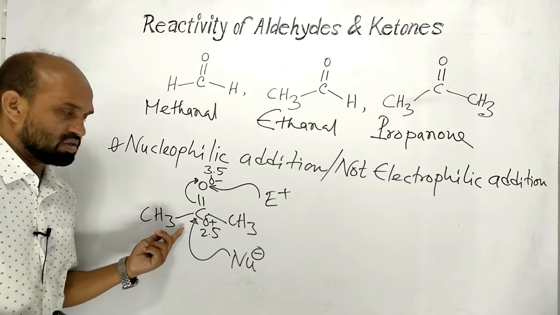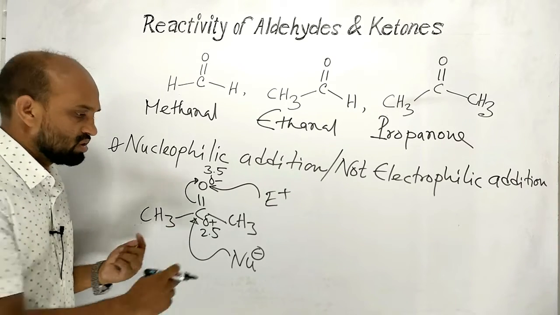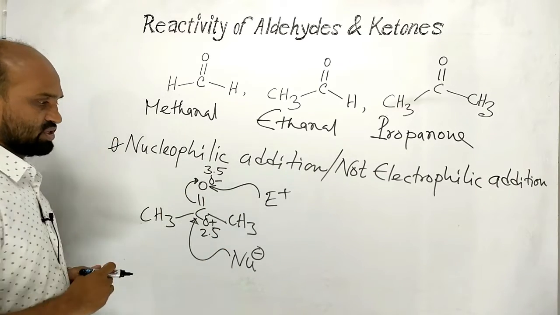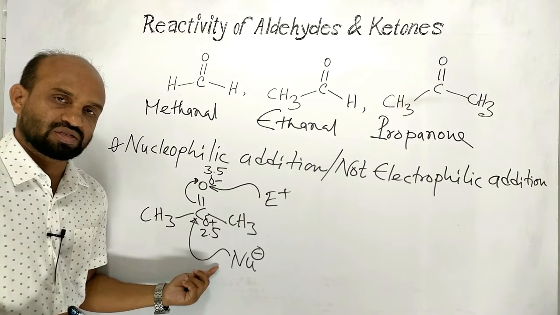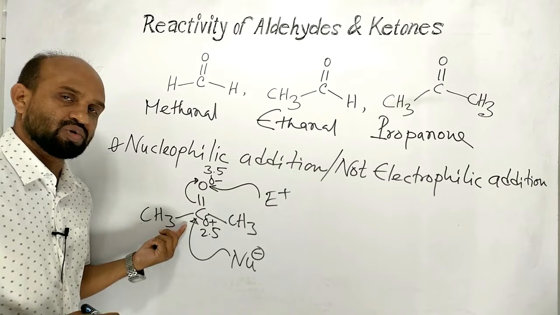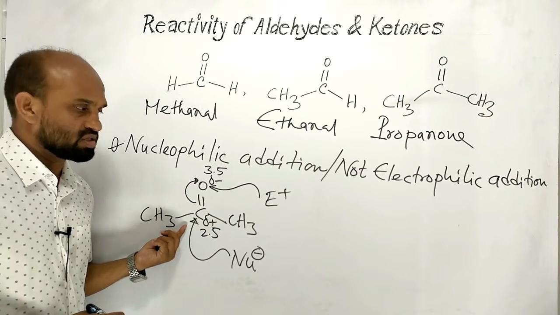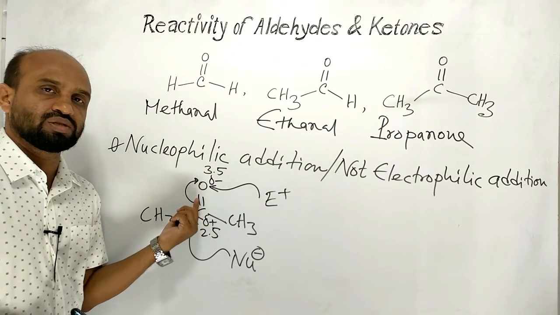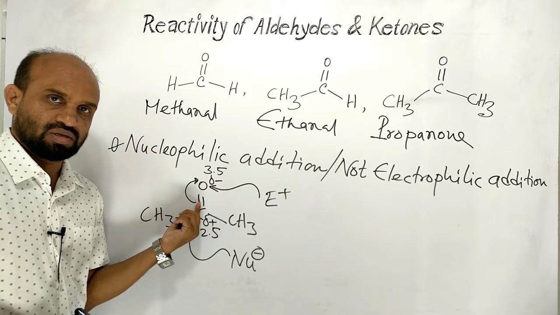But it is said carbonyl compounds undergo nucleophilic addition, not electrophilic addition, because in the first step nucleophile bonds to the positively charged carbonyl carbon, and in the second step electrophile combines with the negatively charged carbonyl oxygen.